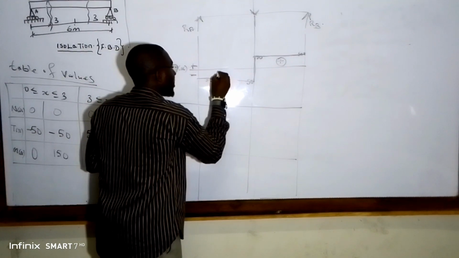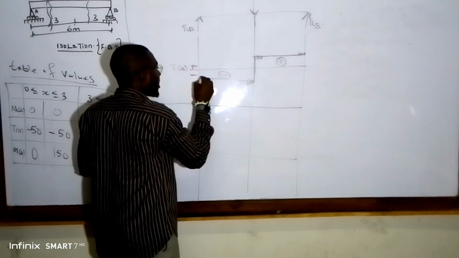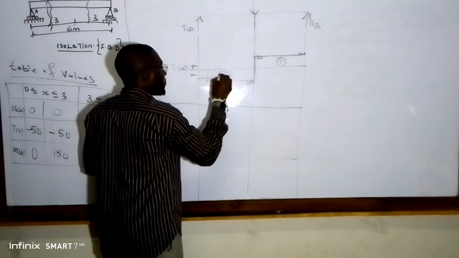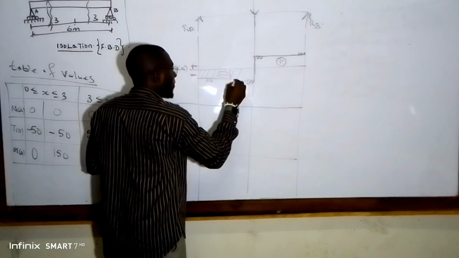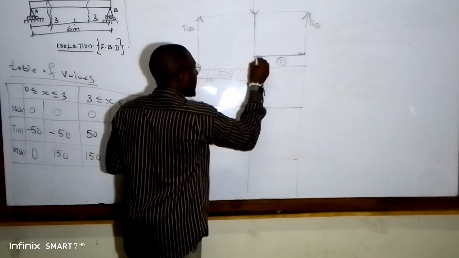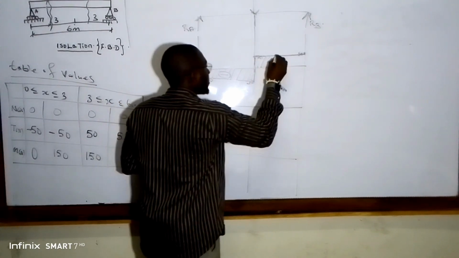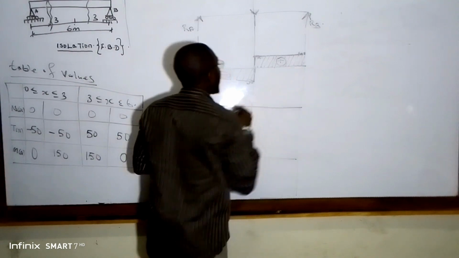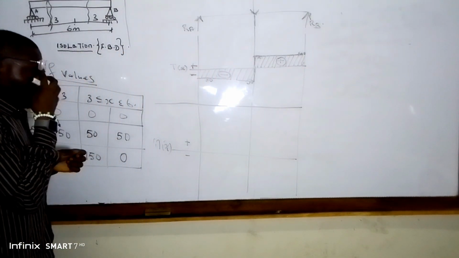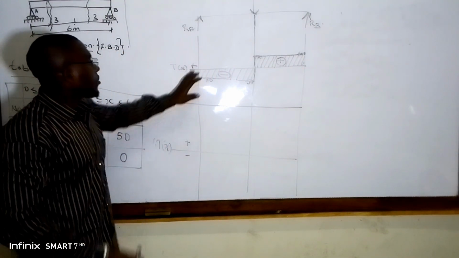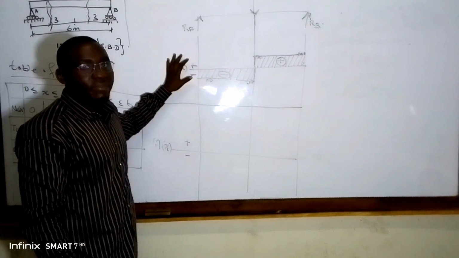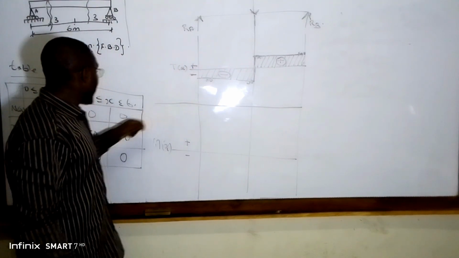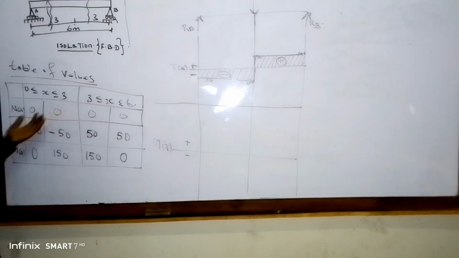We put a negative sign here, circle it, and hash like this. So guys, this is the shear force diagram for this beam.